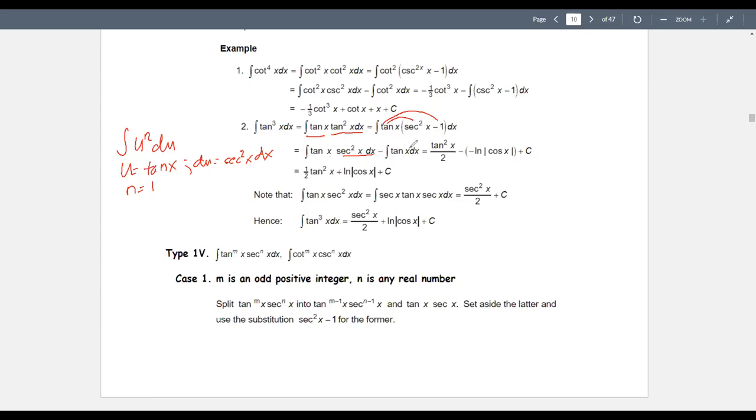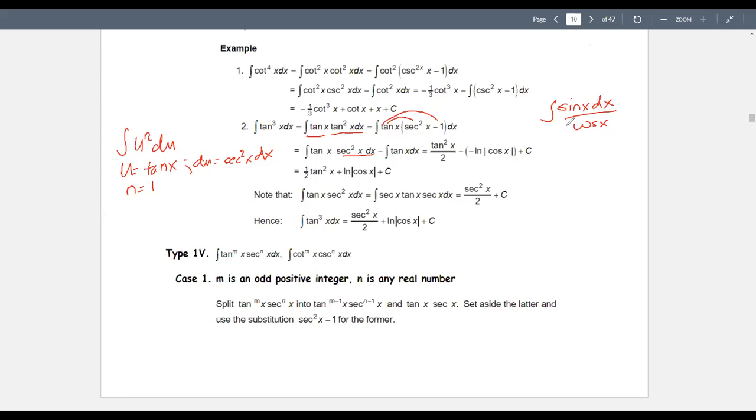Now, what happens to this integral of the tangent of x dx? If you can recall, when we discussed in Module 1, simple trigonometric integrals, this tangent function is equivalent to sine of x dx over cosine of x. The tangent is now written in terms of sine x and cosine x.